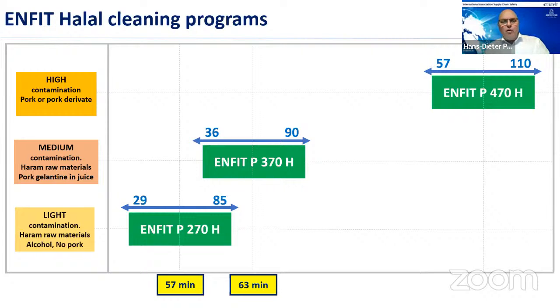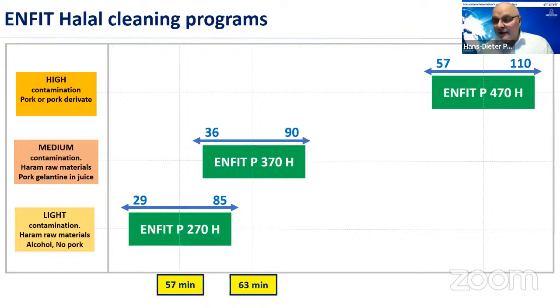For light contamination, the NFIT P207H is used. For medium contamination, NFIT P370H, and the other is P470H, depending on the difference in contamination. How much contamination, which type of product residue is in the tanker?